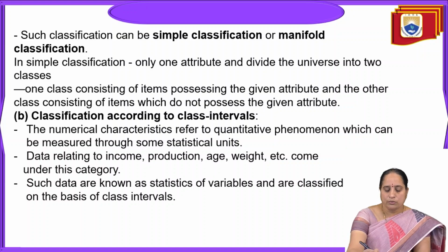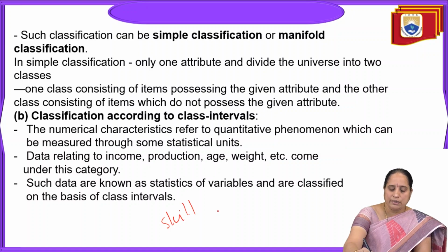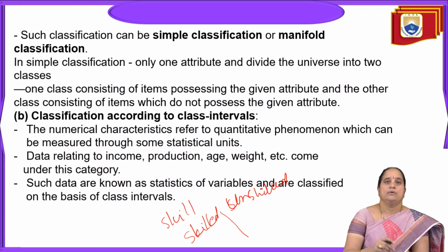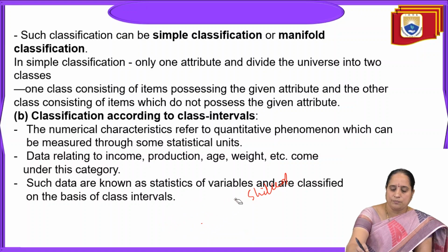If you are talking about skill, this is only one attribute you want to consider. Then we can divide the employees or labor into skilled and unskilled. This type of classification is known as simple classification.